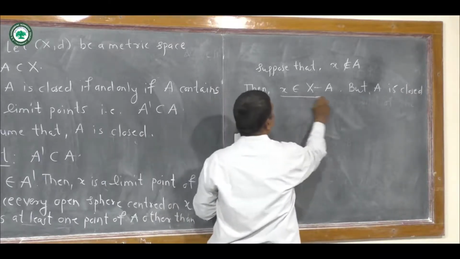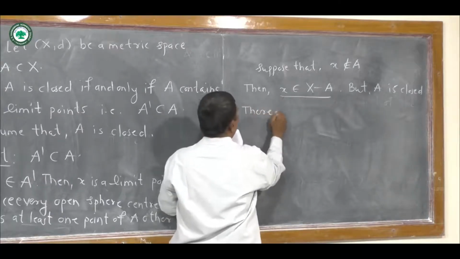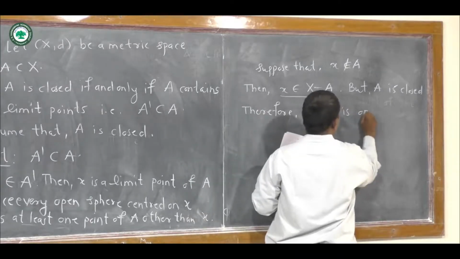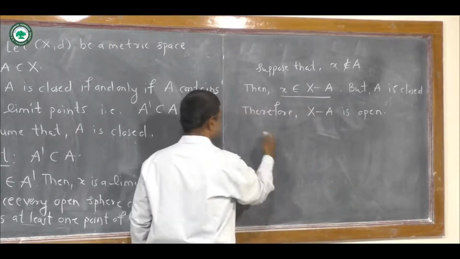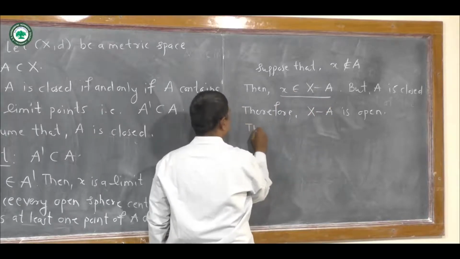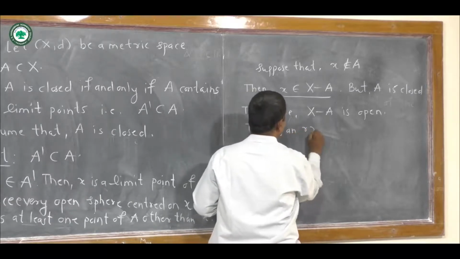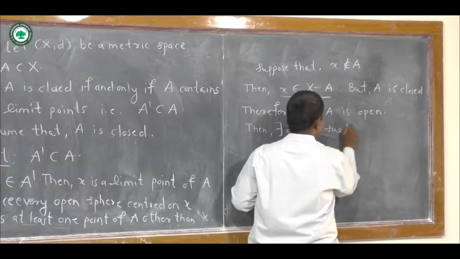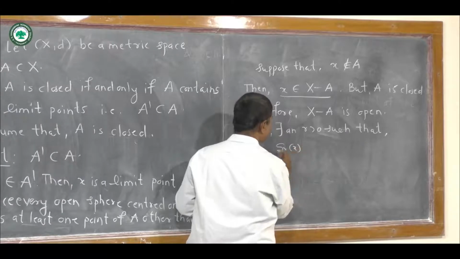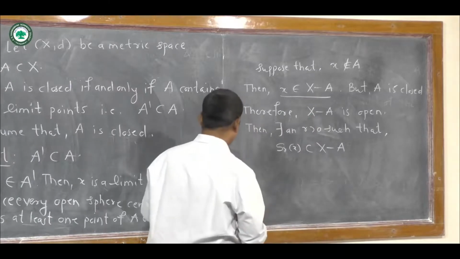Therefore the complement of set A is open. Now since this set is open and x is a member of this set, by the definition of open set there exists an r greater than 0 such that the open sphere S_r(x) is contained in the complement of A.